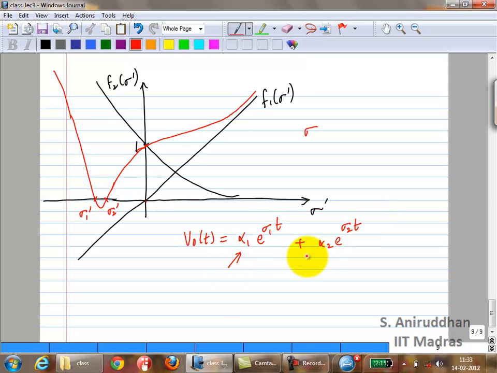How do you find alpha 1 and alpha 2? Put it back into the equation, so basically you apply the boundary conditions for the function and then solve for alpha 1 and alpha 2. So once you know sigma 1 and sigma 2, you apply certain boundary conditions.